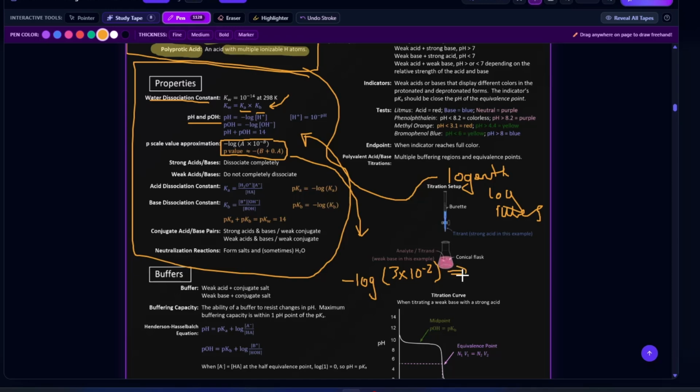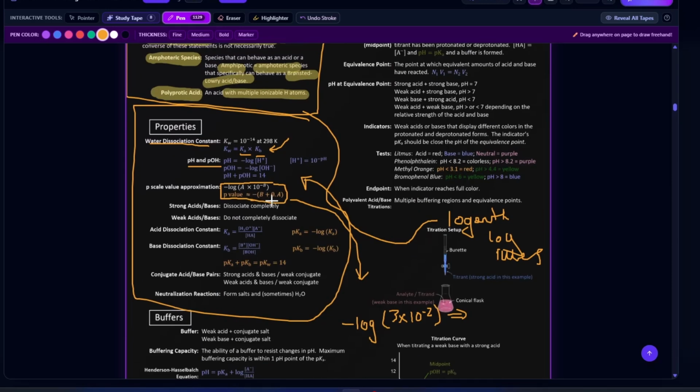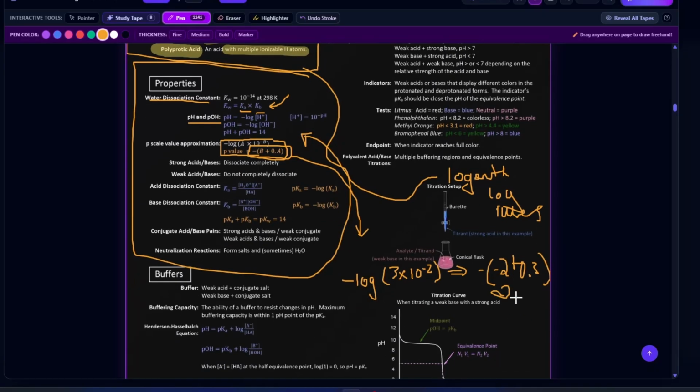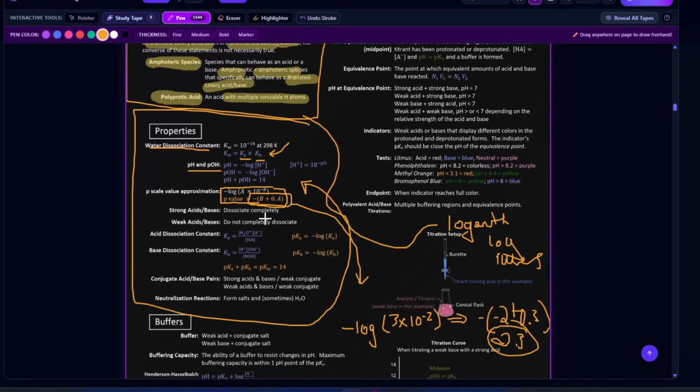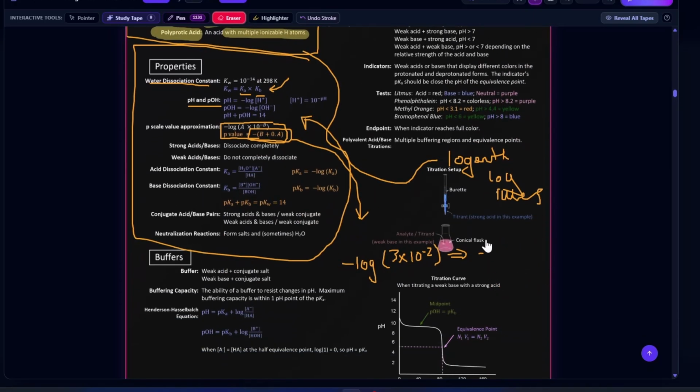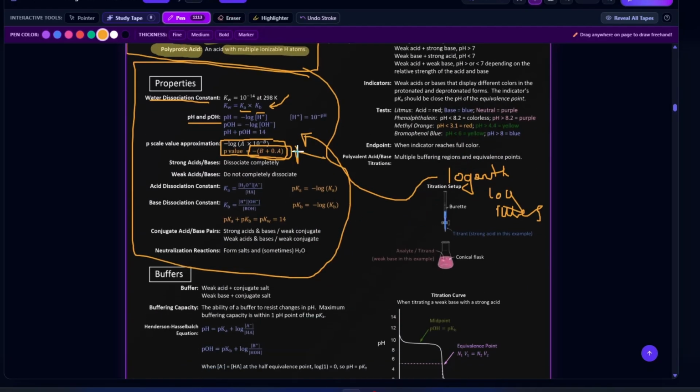You have tricks of the trade, and they gave you one right here. You use negative b plus 0.3. So you plug in negative 2 plus 0.3, and that gives you 2.3. That's how you solve for a log without having to do that much log work, so this is a good hack to use.